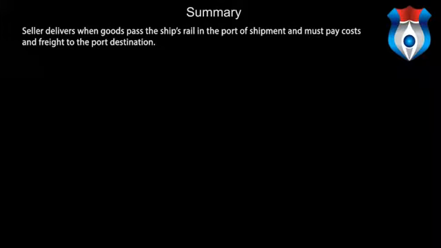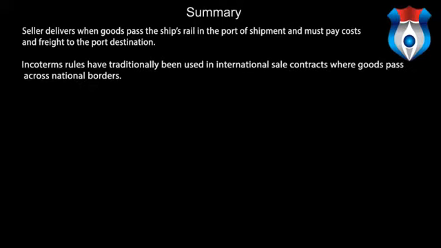Now in the end, let us summarize what we have learnt in this lecture. Seller delivers when goods pass the ship's rail in the port of shipment and must pay costs and freight to the port of destination. Incoterms rules have traditionally been used in international sale contracts where goods pass across national borders.